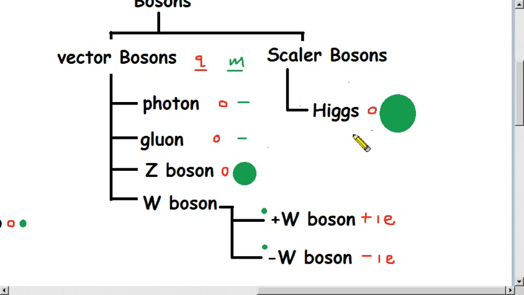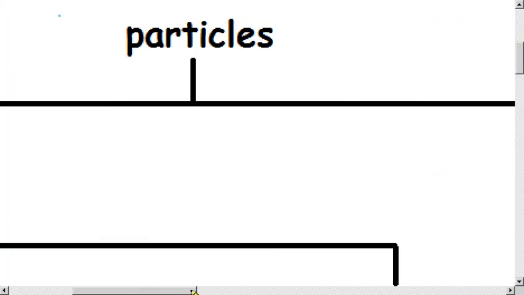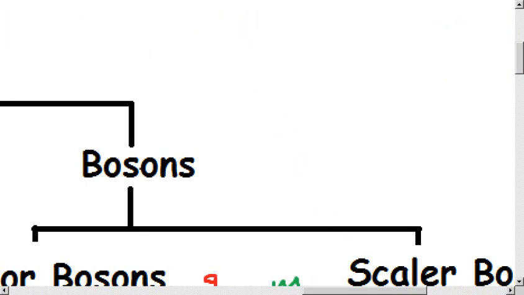So now you have an idea. This one is scalar. You know vectors and scalars: scalar means no direction, and these have directions. So these are scalar, these are vector bosons. These are called force particles. Let us write it here so that it will be clear.